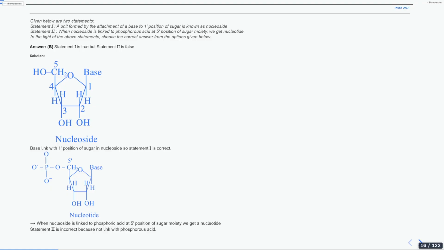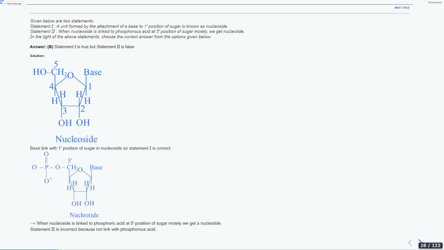Now my question was that here, is it a sugar of DNA or a sugar of RNA? That sugar moiety which you are seeing here, can anyone answer this? So Irfana is telling it is deoxyribose.